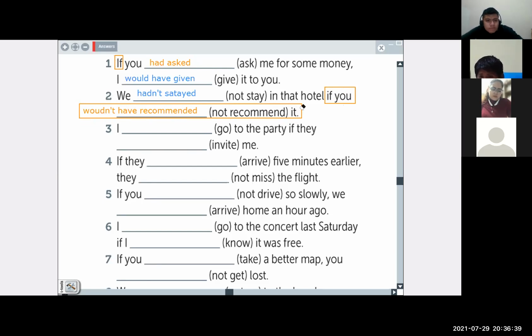No. Okay, so what can we say here? How can we change this to the past perfect? Have had. Again, please. Have had. Ok, ¿cómo formamos el past perfect, María José?